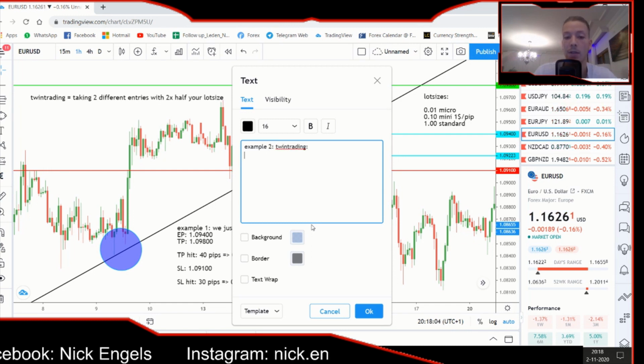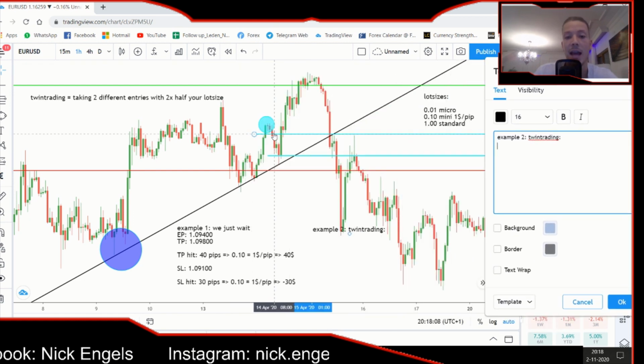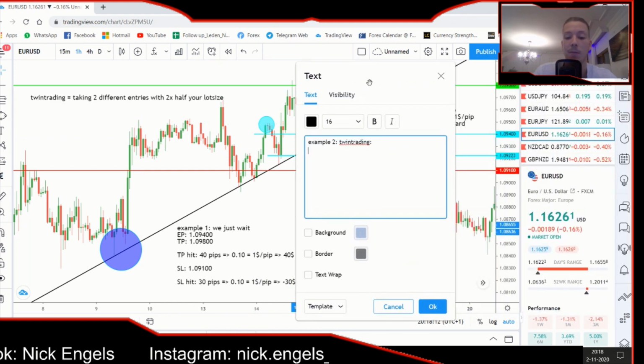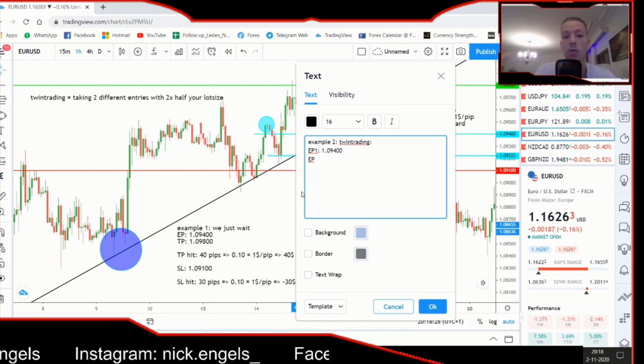Now what happens? First and foremost, we still have that same entry over here. This is the exact same entry as the first example. So our entry point 1, right? Or entry 1, this is still the exact same. So we just copy this number, 1.09400. But we now also have an entry point 2, right?